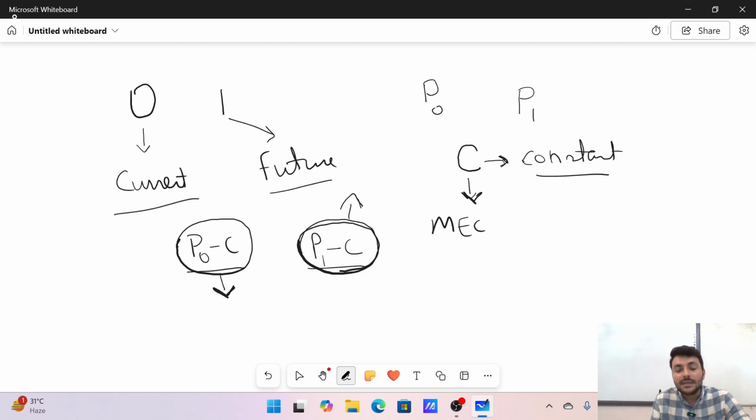However, P1 minus C is something we are going to earn in the future, so we have to arrive at the present value of this.